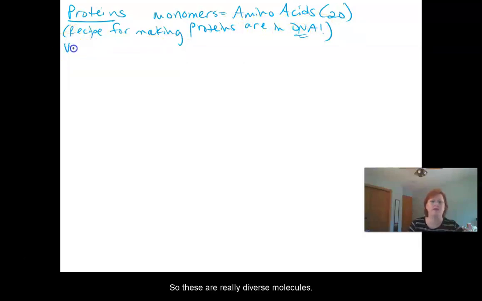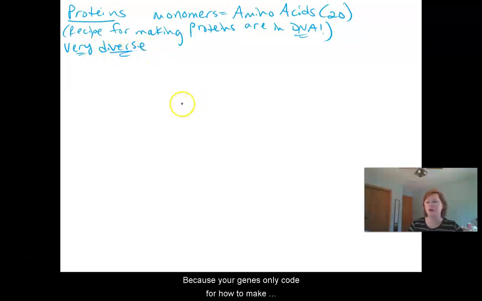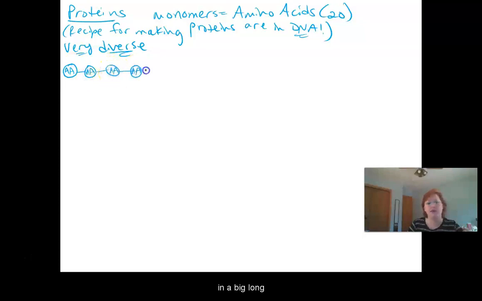So these are really diverse molecules because your genes only code for how to make proteins, so you have lots of different kinds. You have amino acids all linked together in a big, long polypeptide chain.